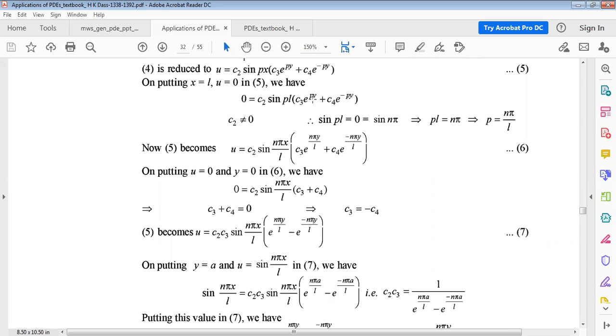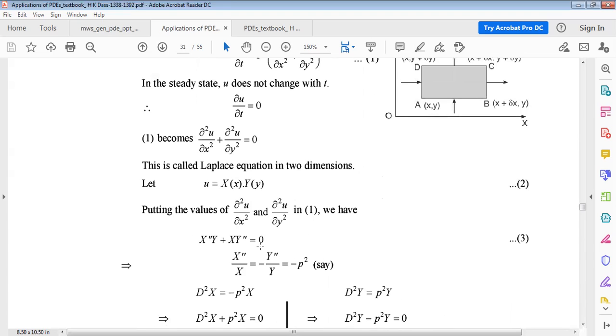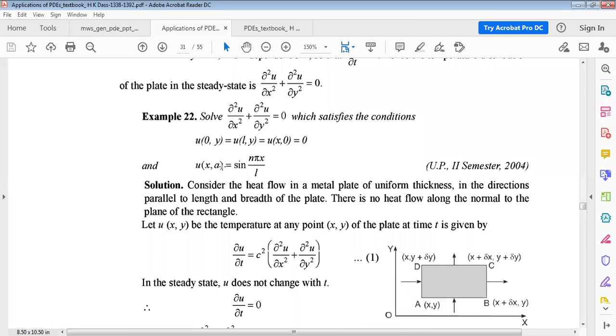Now again equation 5 becomes minus c4. So we can write, taking c3 common, c4 equals minus c3. On putting y equals a, u equals sin n pi x by L. This is another boundary condition.